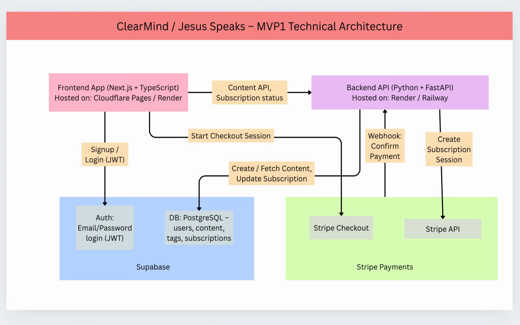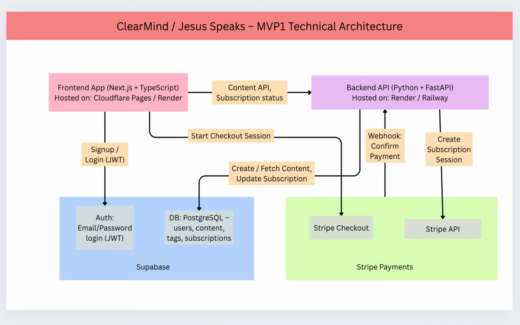Here's how everything connects in our architecture diagram. Front-end talks to the Supabase auth for login, and front-end calls FastAPI for content and session checks. Backend reads and writes to Supabase database.